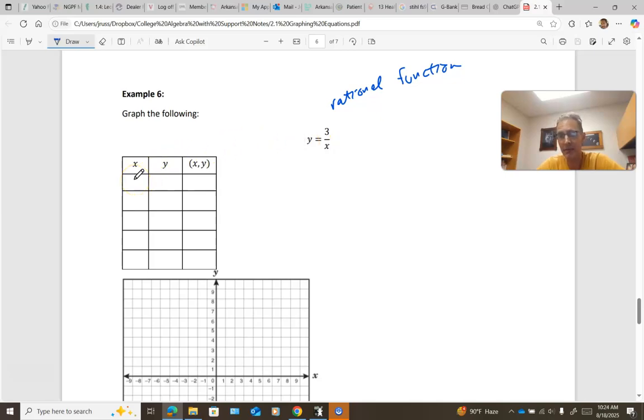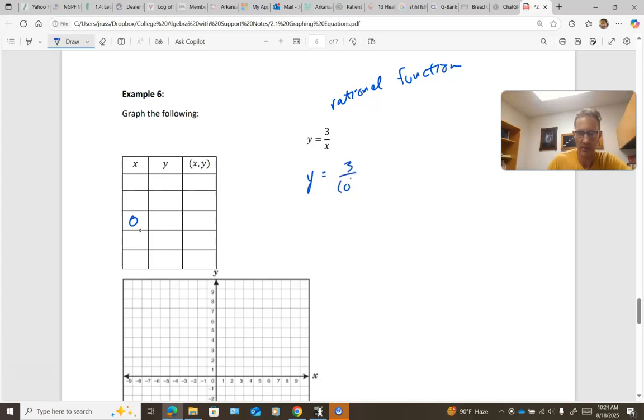Because it would be easy to get fractions. So for example, if I put a 5 in here, then my value of y is going to be 3/5. And those fractional values of y are going to be hard to plot. Okay. So what I will do is maybe I'll start with, well, I know, let's start with 0. Okay. I want to illustrate something here.